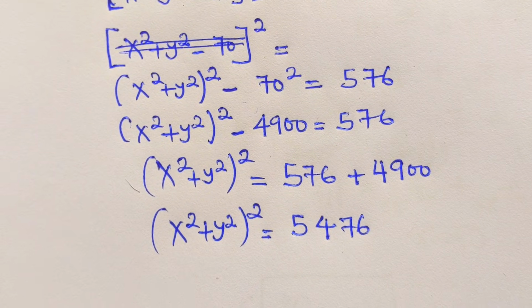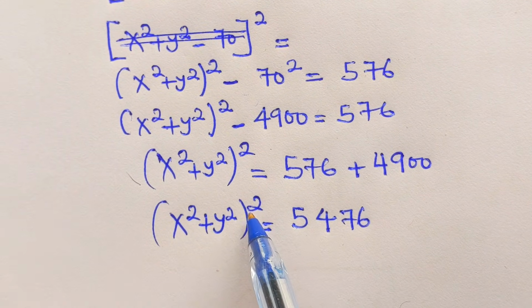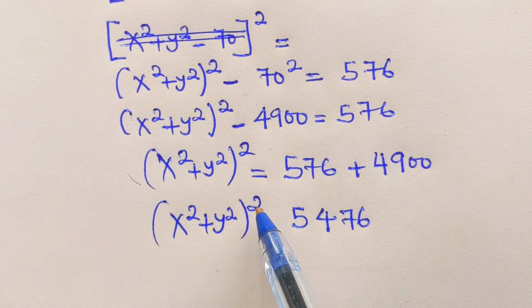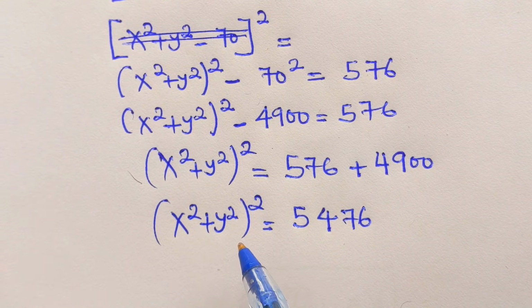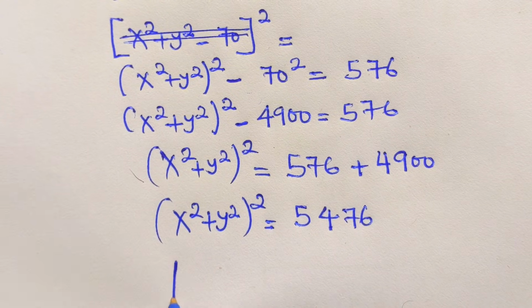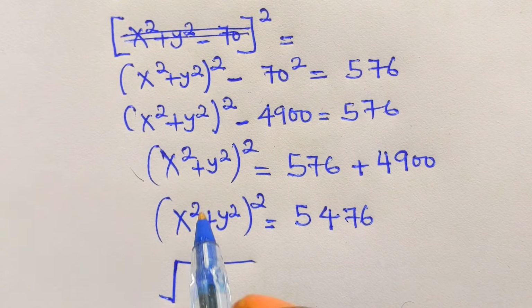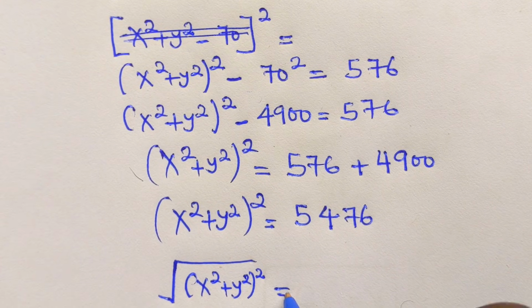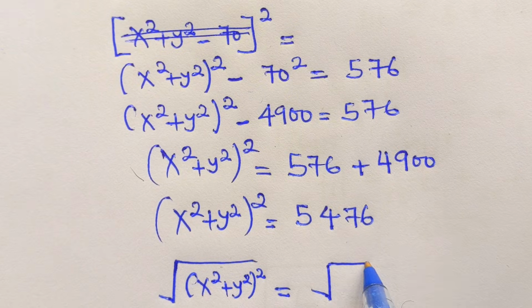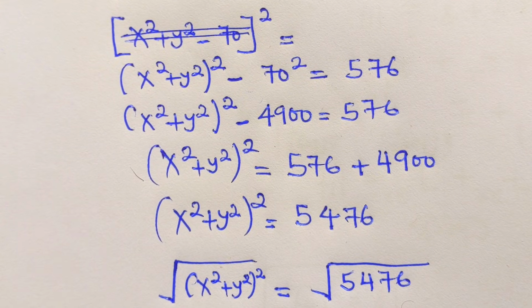And of course here we have a square, and we want to remove this square. We apply the square root on both sides to get the square root of (x squared plus y squared) squared equals the square root of 5,476.